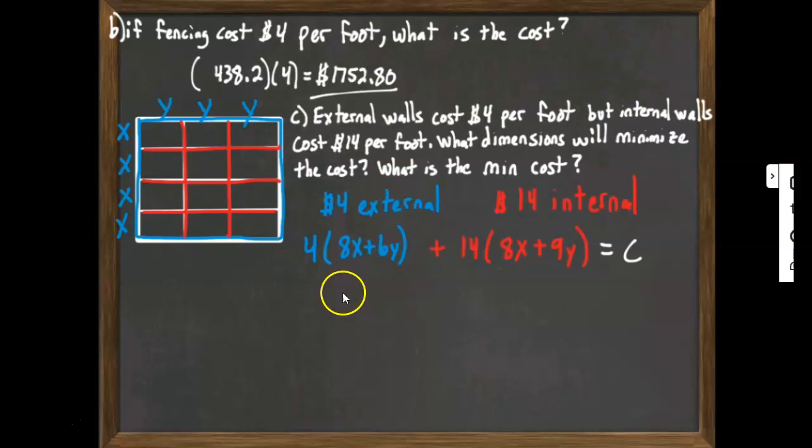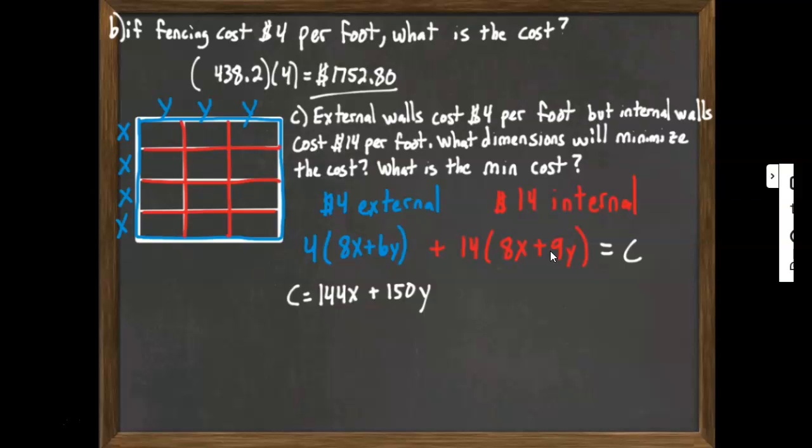Now we want to clean that cost function up and get a nicer looking cost function. So C equals 4 times 8x, which is 32x, plus 14 times 8x, which gives us 144x. And then we have 4 times 6y plus 14 times 9y, which gives us plus 150y.